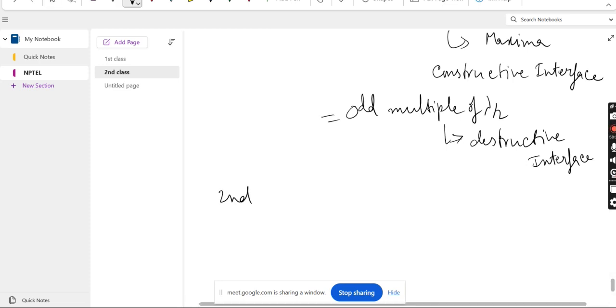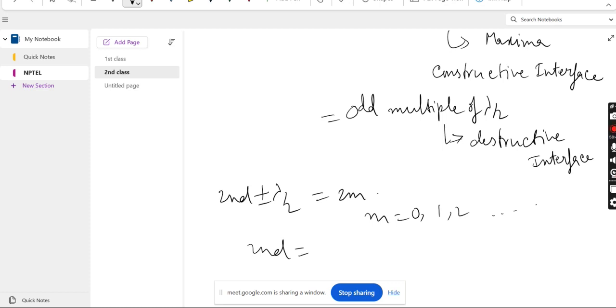So 2ND plus minus lambda by 2 is equal to an even multiple of lambda by 2, that is 2n, where n can be 0, 1, 2 and so on.